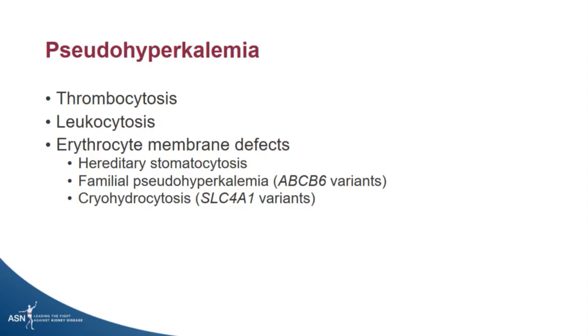Less well recognized are that there are patients who have a variety of erythrocyte membrane defects that result in a tendency towards potassium exit from cells. Some of these, important to recognize, are only seen ex vivo as a result of having the blood at cold temperature, so that there is an efflux of potassium from the red blood cell when it is refrigerated, which may happen in transport from when you draw the blood to when it gets to the lab.